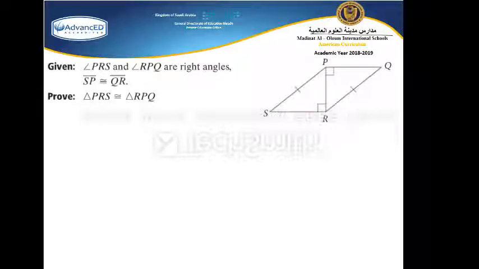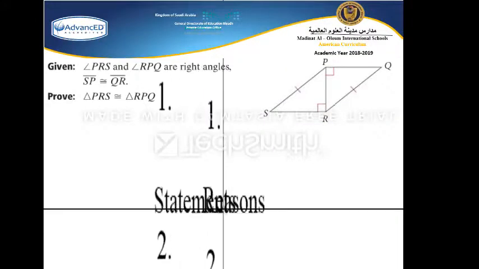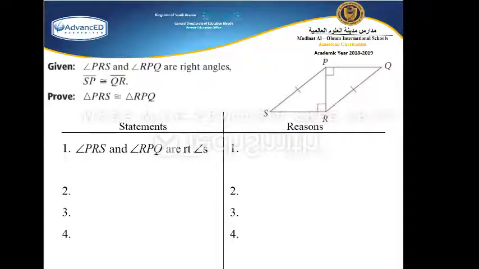Let's solve this problem. Here in the given figure PRS, the angle PRS and the angle RPQ are right angles. SP is congruent to QR. Prove that the two triangles PRS and RPQ are congruent. By using the given, the angle PRS and angle RPQ are right angles.